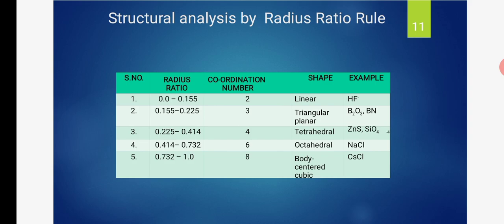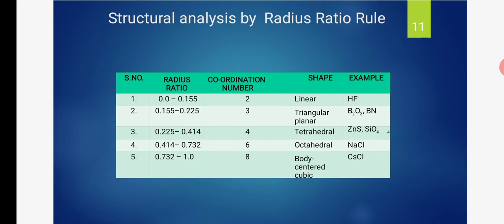Okay. Now here in this slide, some of the molecules' radius ratio is given. You can see first 0 to 0.155, coordination number is 2, shape is linear, example is also given. Second, between 0.155 and 0.225, coordination number is 3, triangular planar, example is also given.